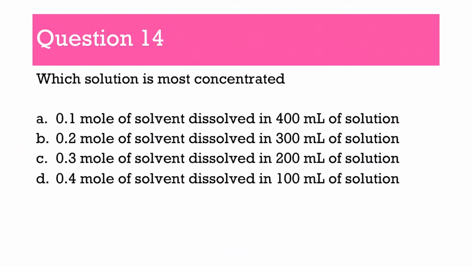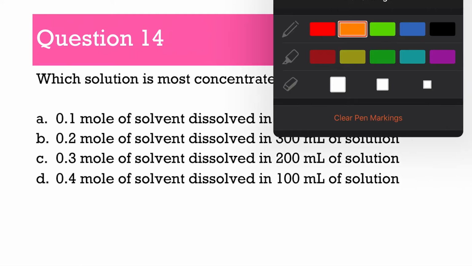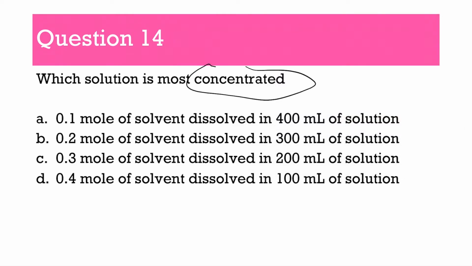Okay, number 14, which solution is the most concentrated? So concentration, again, measures the amount of stuff that is dissolved. So if it's the most concentrated, you want the most stuff in the least amount of solution. If you're making really concentrated lemonade, you have 1 cup and you put 5 scoops of lemonade in it.